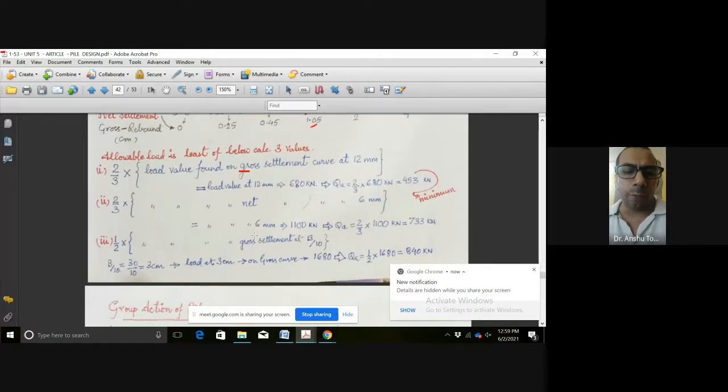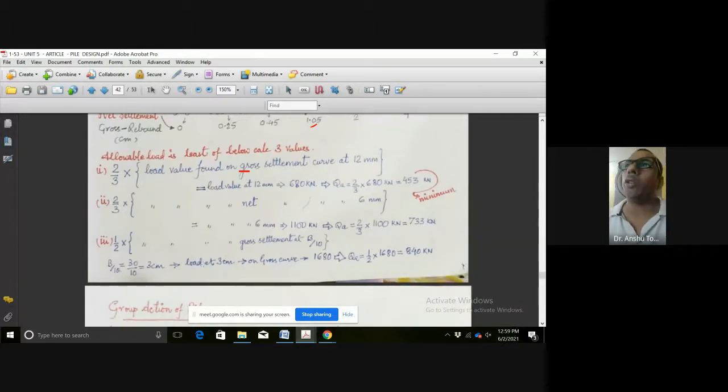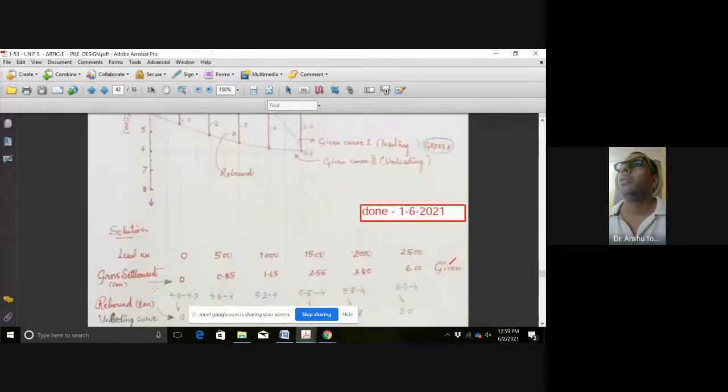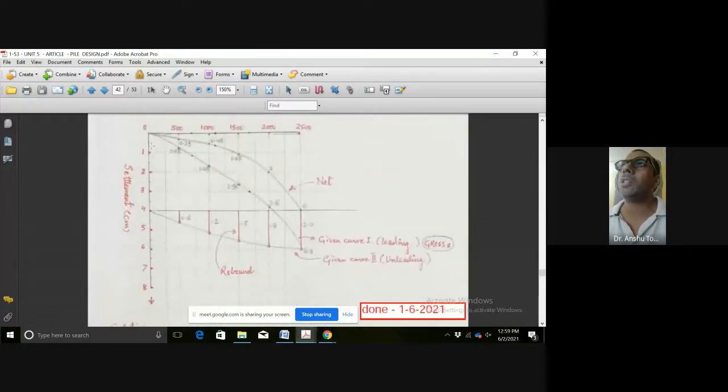So from the graphs which you have plotted, we have to check out where is the 12 mm on the gross settlement curve. This is the gross settlement curve we are having, and all these values on the y-axis are in mm. That is, these are the mm values. This is 1 centimeter, 2 centimeter, 3 centimeter, 4 centimeter. So if I try to find out 12 mm, where is going to be the 12 mm?